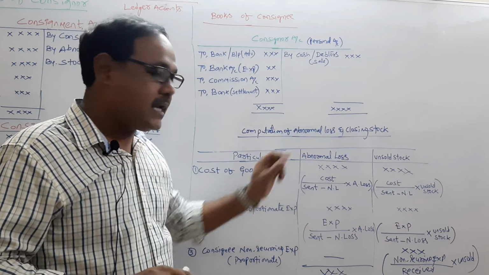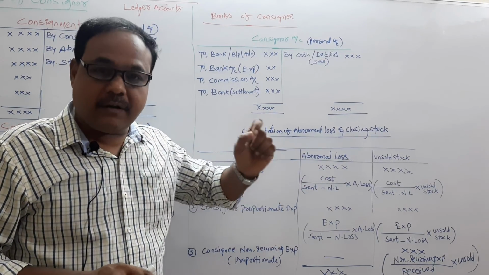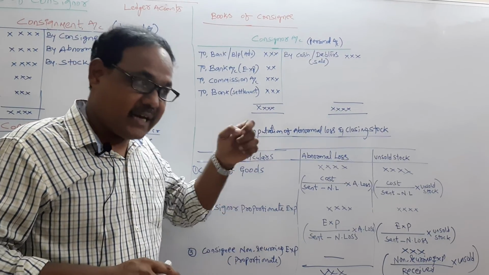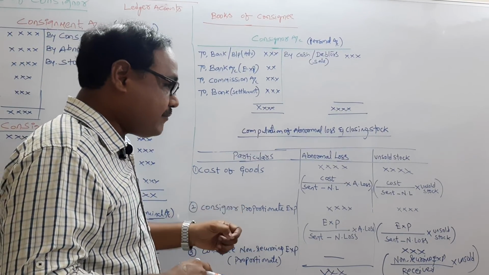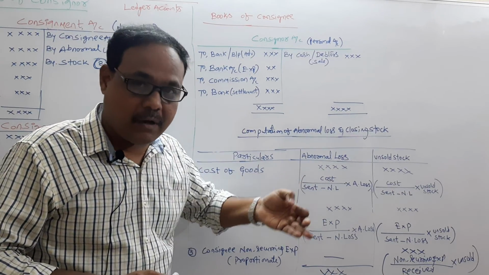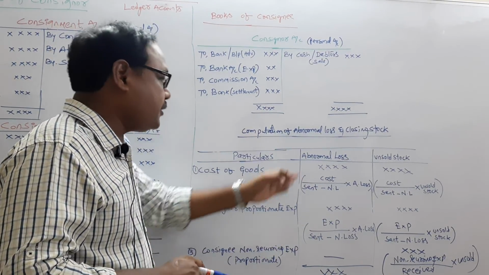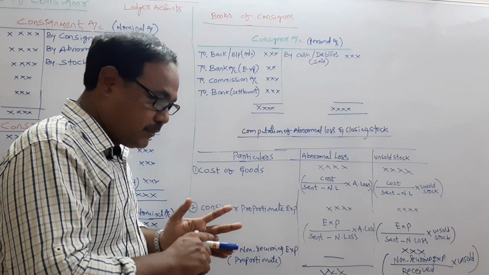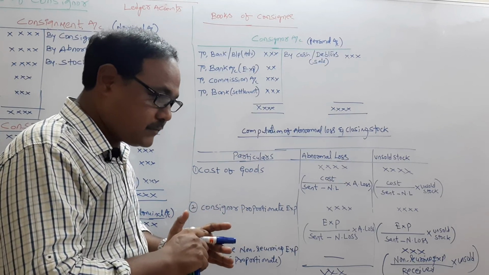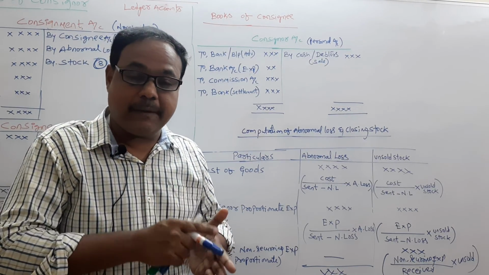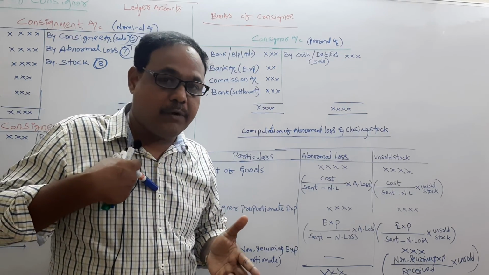These are the two elements of abnormal loss. This abnormal loss is considered as loss during transit. It is an unexpected but avoidable loss that happened during transit. Abnormal loss is borne by the owner.